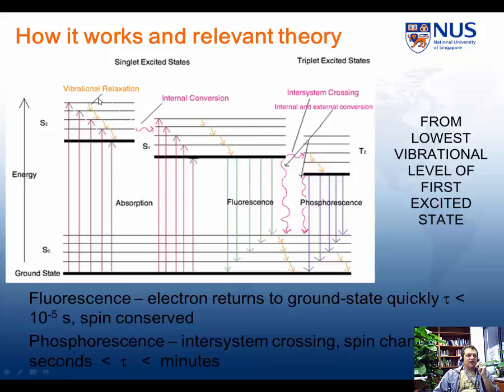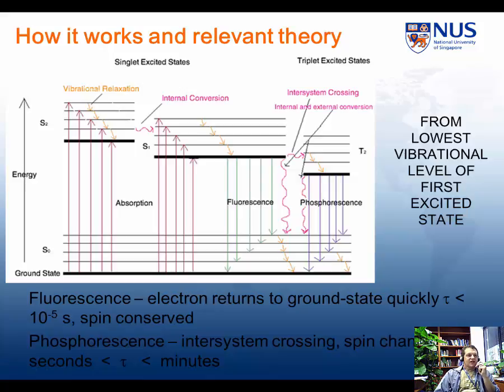Then, as in all of these cases, you begin to get vibrational relaxation. Whichever vibrational level the electron was promoted to, the energy cascades down through the vibrational levels, so it relaxes till it gets to the ground level of the first excited state.